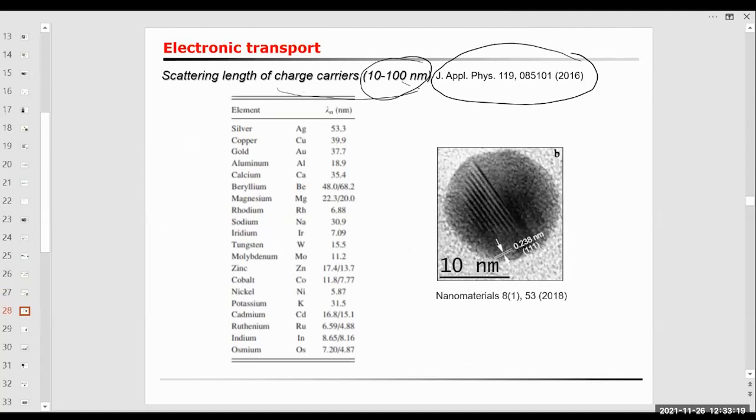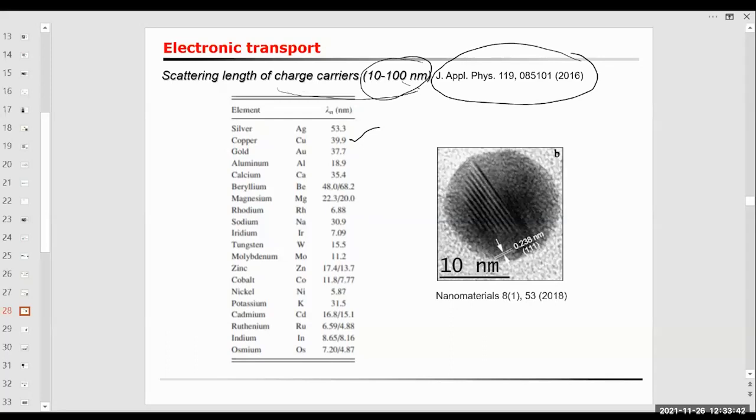For example, copper: the scattering length is 39.9 nanometers, which in angstrom units is 399 angstroms.